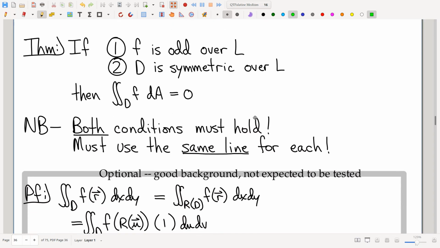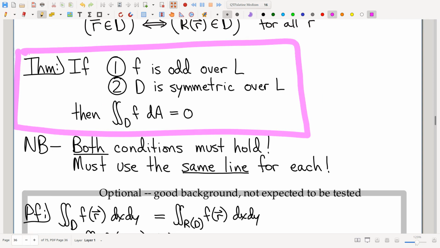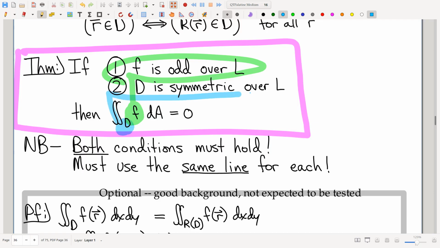And we get the same theorem. Exact same theorem. Different particulars, morally equivalent. If you have an odd integrand integrated over a symmetric domain, that integral is 0.